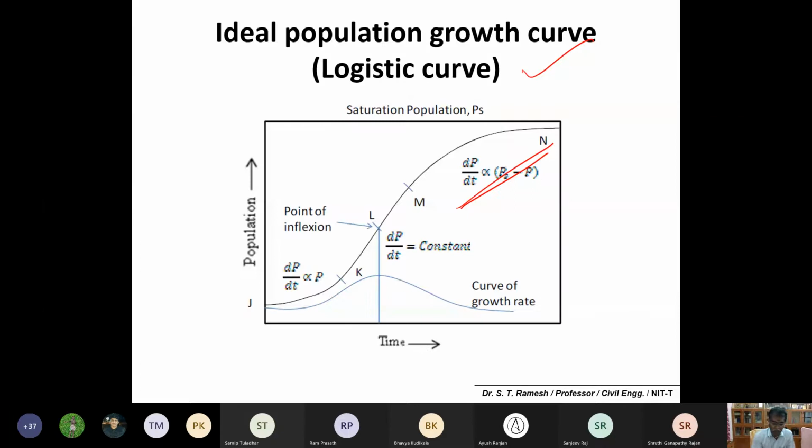So you remember how to draw an idealistic population growth curve, time versus population, and initially you may get a lag. Something you can remember like this.